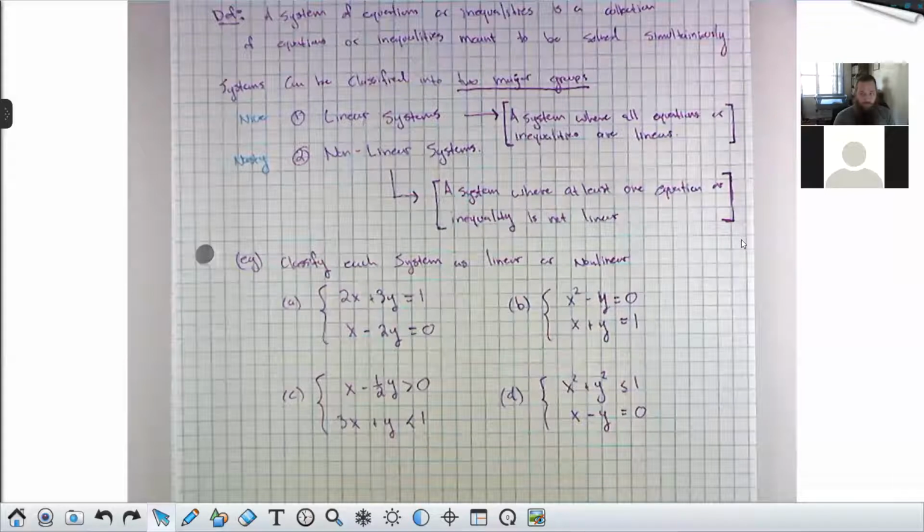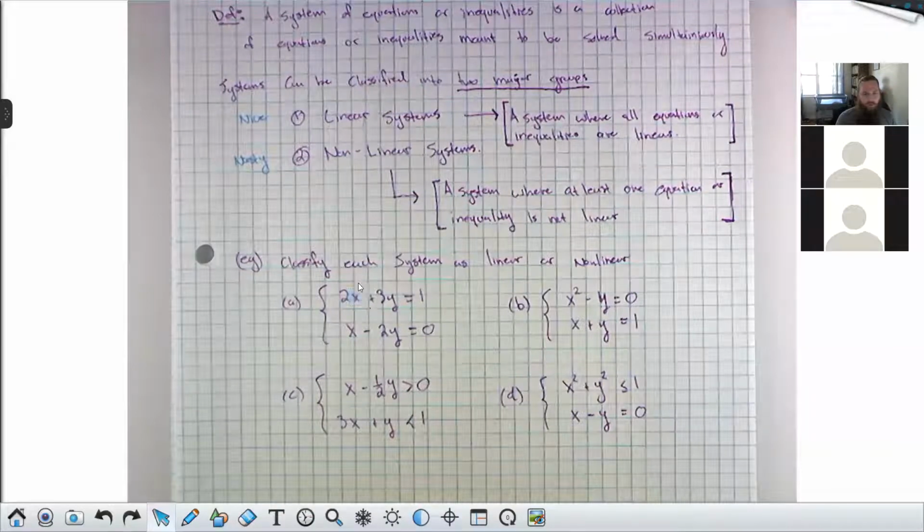Linear. Yeah, very good. This is a linear system because each of those equations is a linear equation, right? 2x plus 3y equals 1. If you think about that equation, that's the equation of a line. It's in standard form here. You could put it into y equals mx plus b if you wanted. Or you could just note that x is showing up here and it's raised to the power of 1.